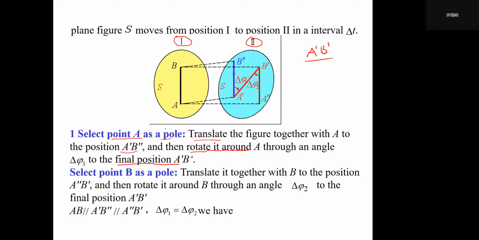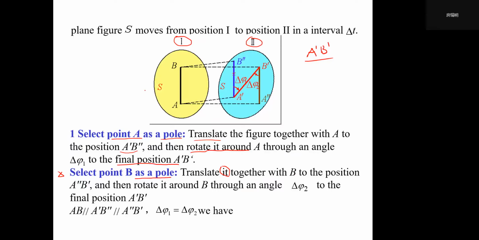We call that a pole. You can find that we can select any point to be a pole or a reference point. So the second time we select point B as the pole. Then translate AB together with B to the position A double prime B prime.